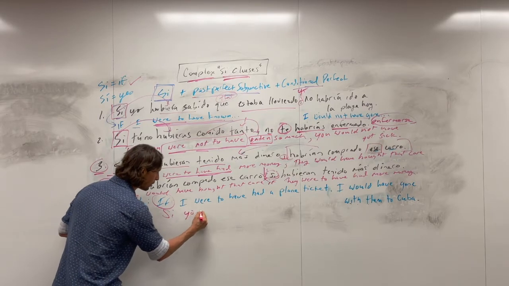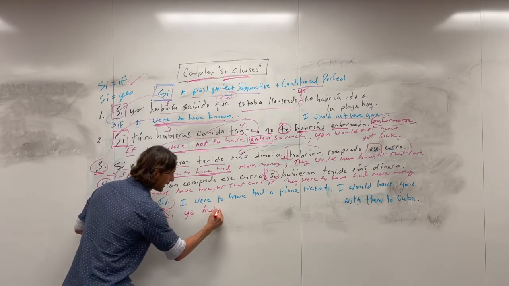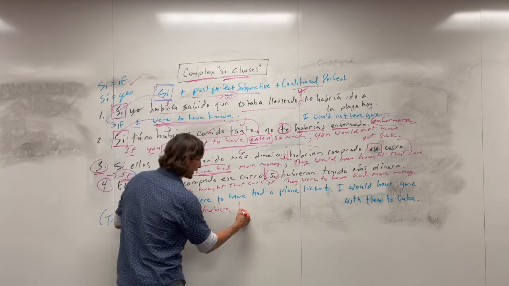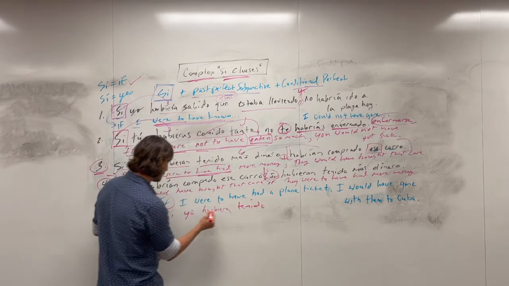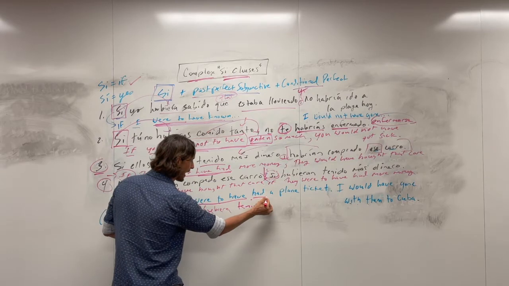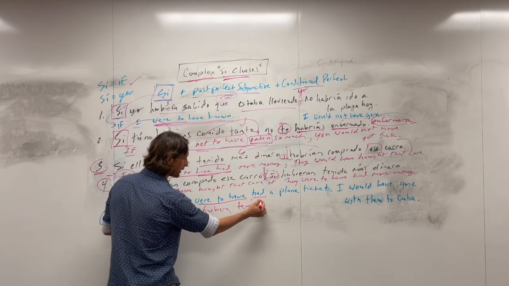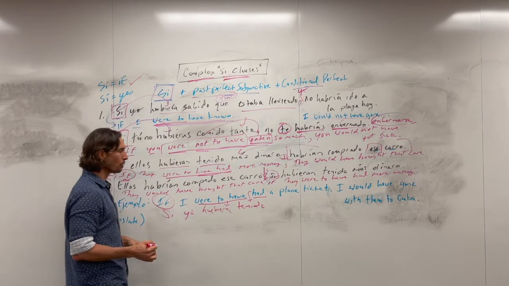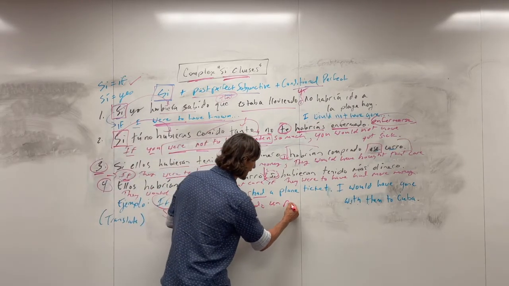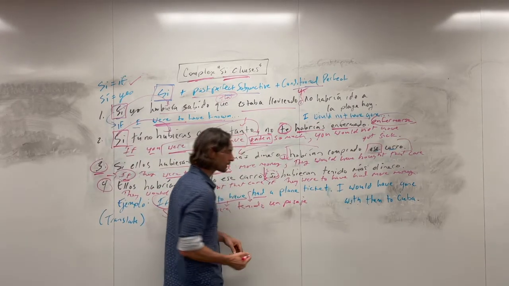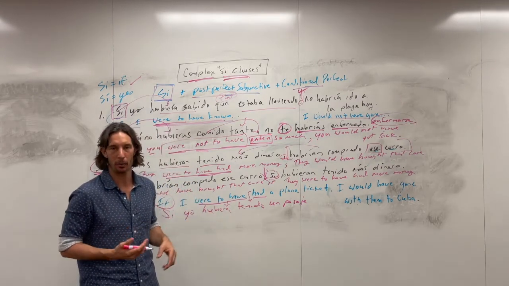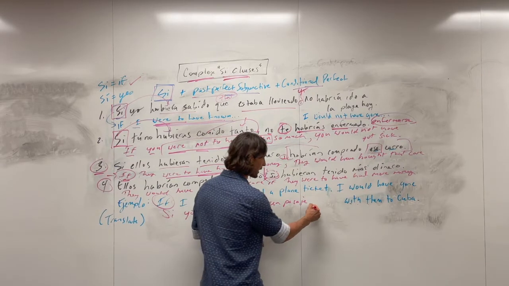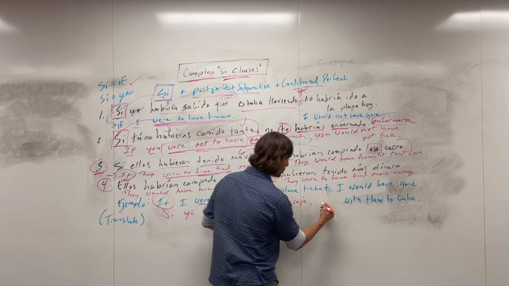So let's have a look. Si yo hubiera, right? That's our past perfect subjunctive. Si yo hubiera tenido, right? If I were to have had. Si yo hubiera tenido un pasaje, it's really a ticket, but pasaje works for plane ticket as well. Si yo hubiera tenido un pasaje, comma, right? We got to put our comma there.